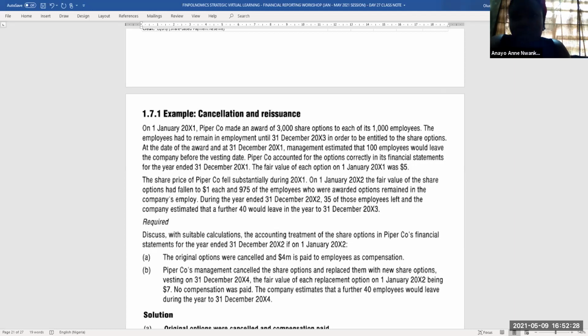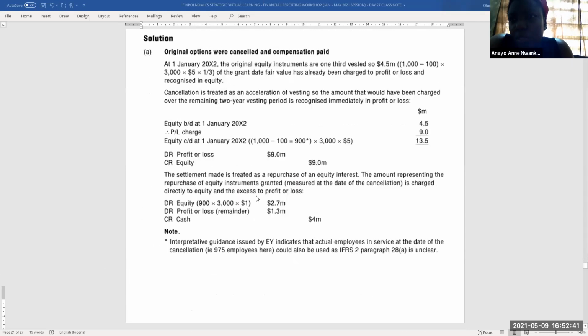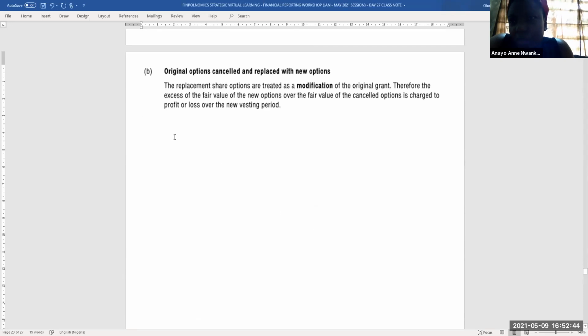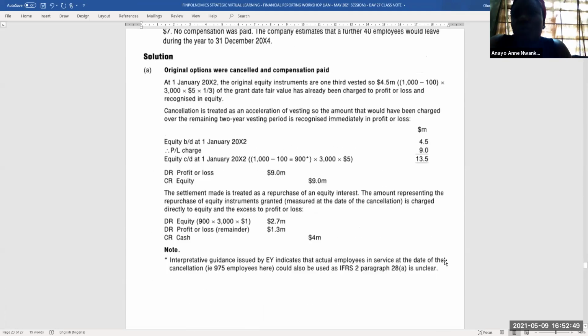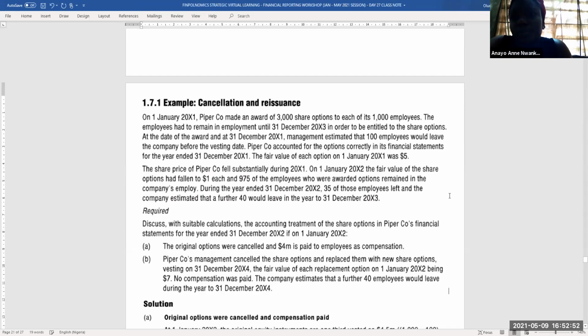The price reduced from $5 to $1. Then we got the information that after some employees had left, we now have 975 employees.